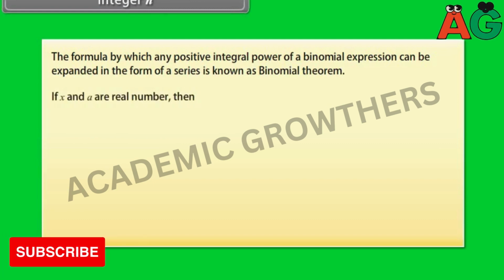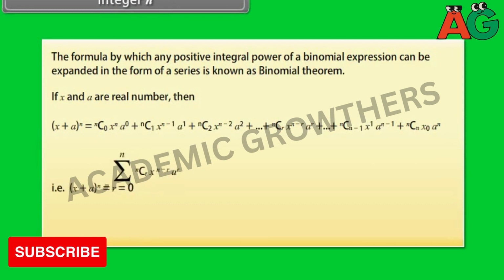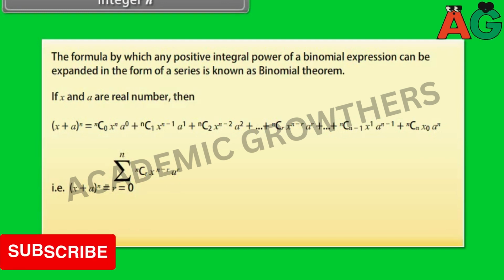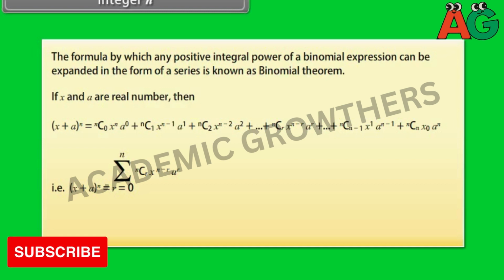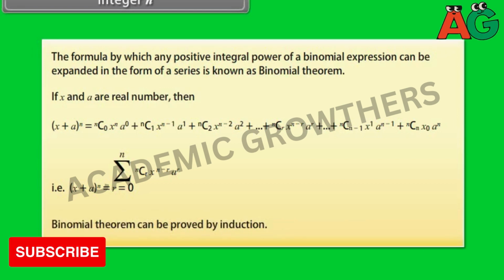If x and a are real numbers, then (x + a)ⁿ = summation from r = 0 to n of nCr x^(n − r) a^r. The binomial theorem can be proved by induction.